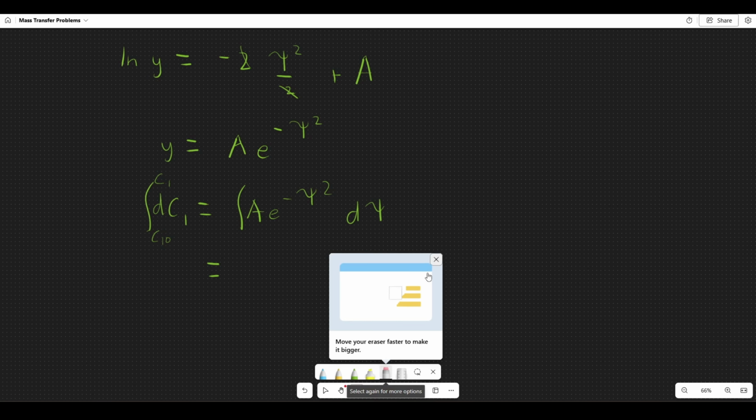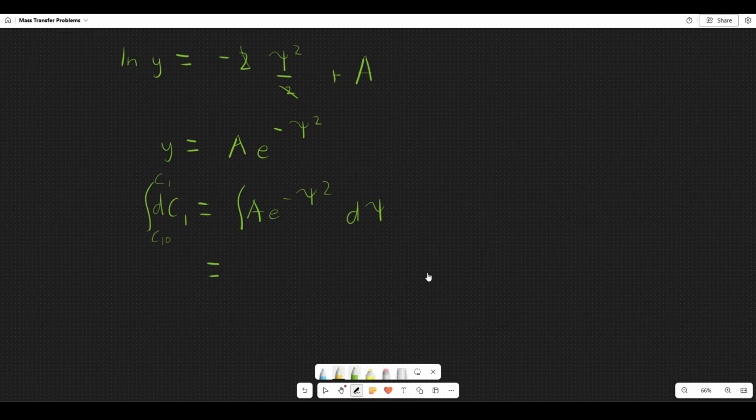Since now we're integrating from c1 naught to c1, we get c1 minus c1 naught is equivalent to, take the constant out, and what you get is e to the minus psi squared d psi.